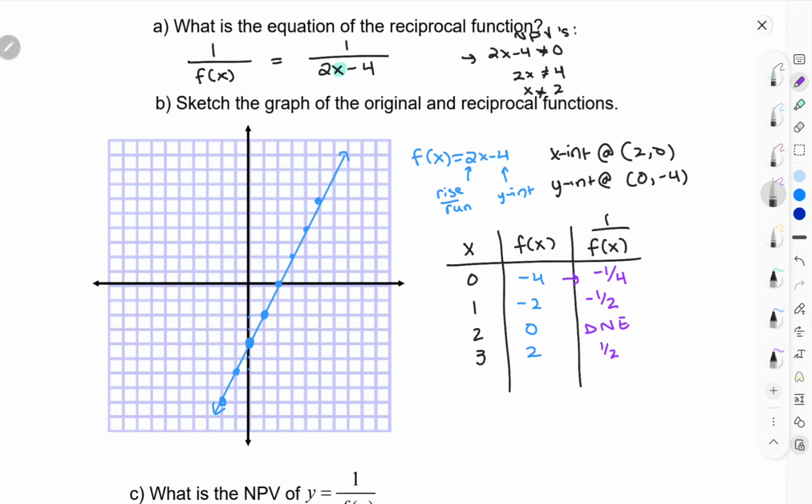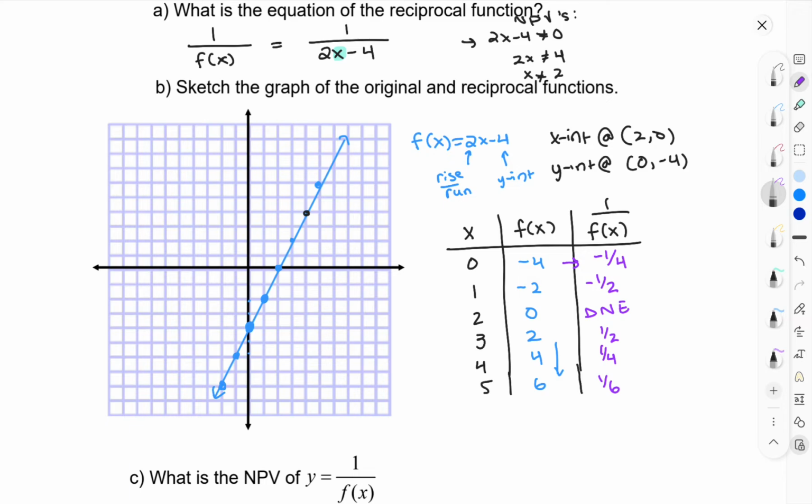Then I get a positive 1/2. If I had a few more points, let's keep going. When x is 4, y is 4. When x is 5, y is 6. So notice the trend: as my y values get bigger and increase, my reciprocals are actually becoming smaller fractions. 1/4 is smaller than 1/2, and 1/6 is smaller than 1/4.